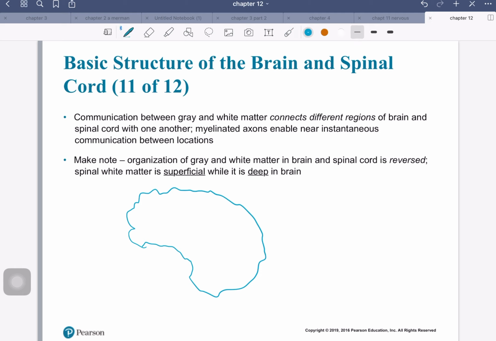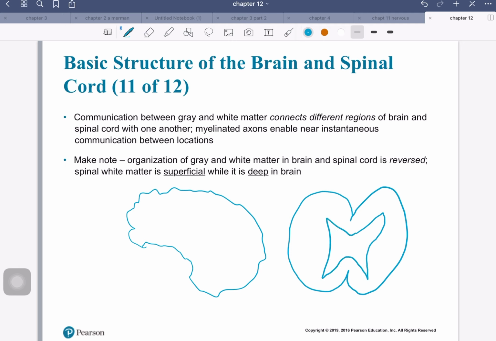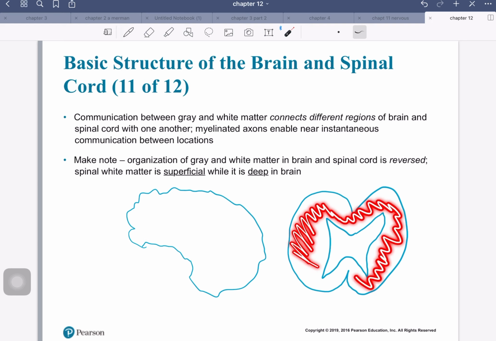In the spinal cord, I'm going to draw a cross section of the spinal cord. Okay, spinal cord. Where do we find the white matter? The white matter in the spinal cord is in the periphery. That's really where it is.